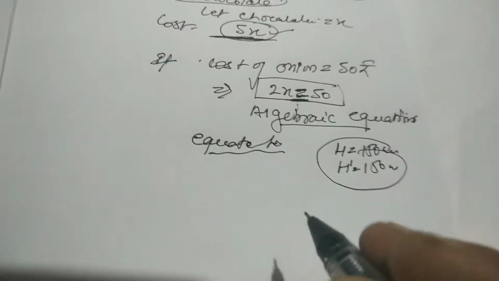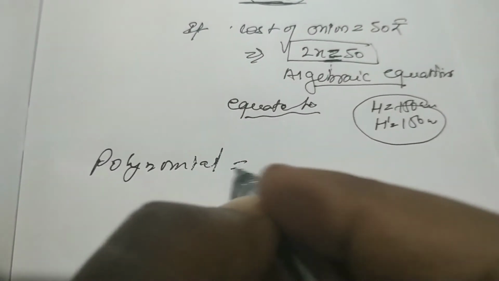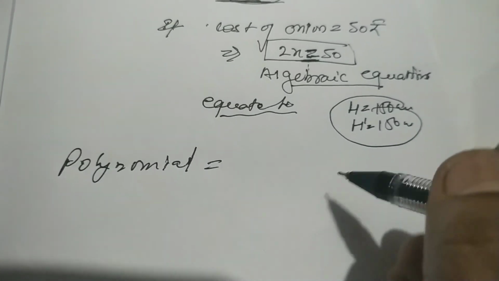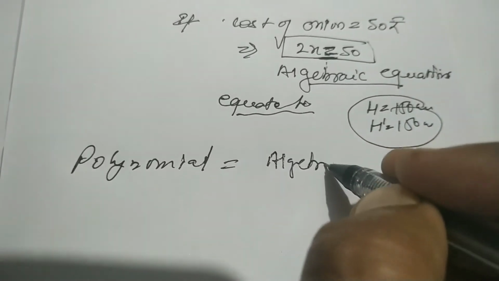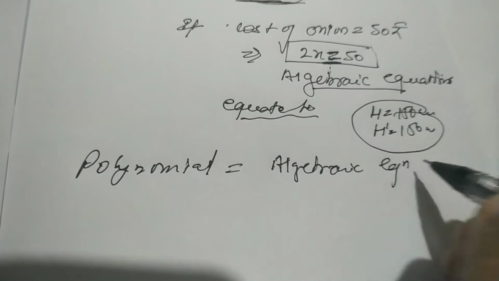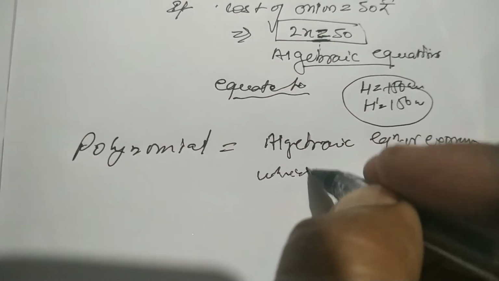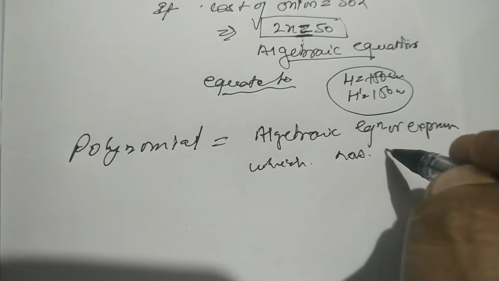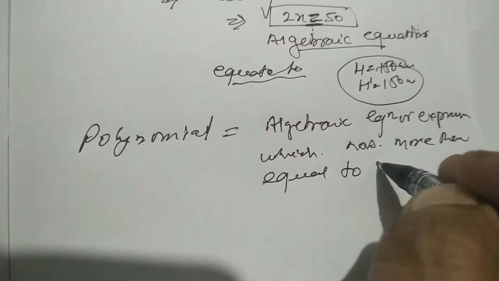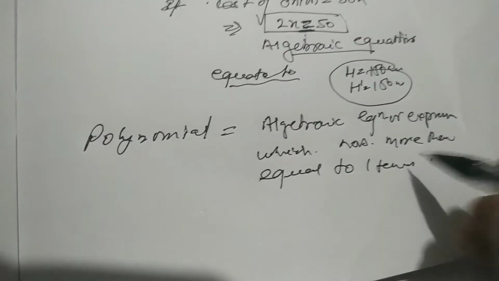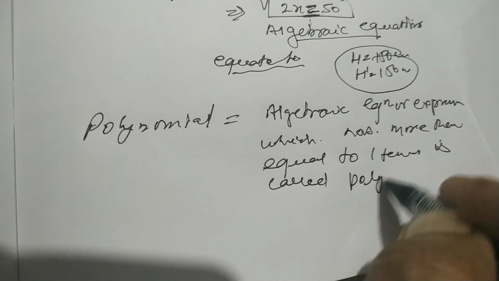Now in polynomial, any algebraic equation or expression which has more than or equal to one term is called a polynomial.